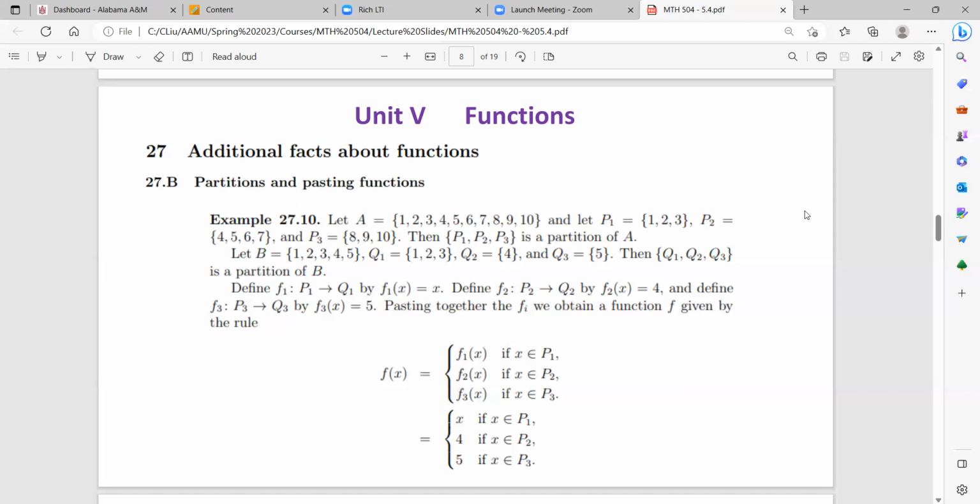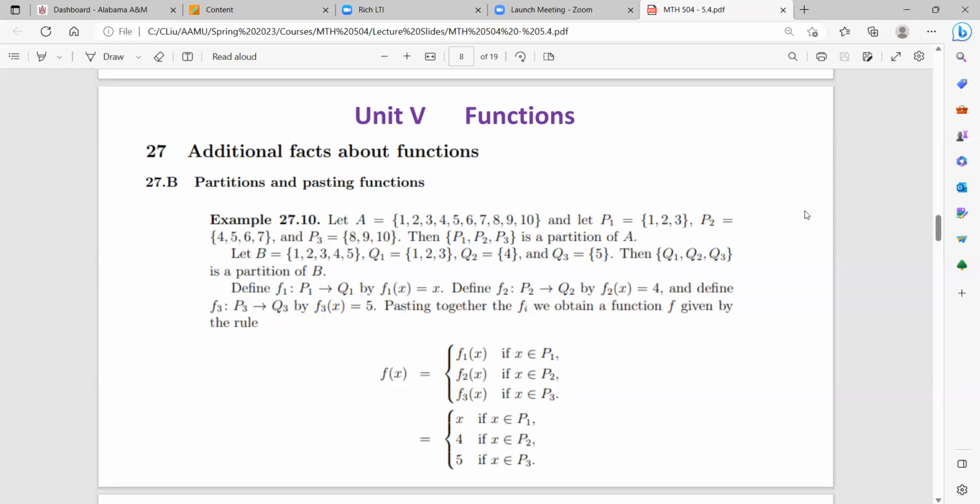There are some interesting results. And then we discussed partitions and the pasting functions. These are actually piecewise functions we learned before.